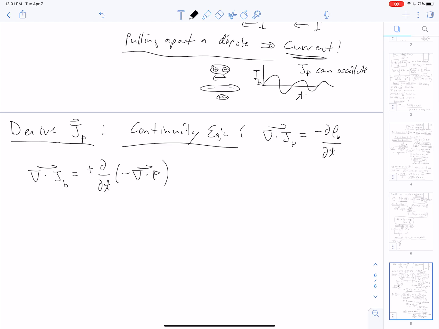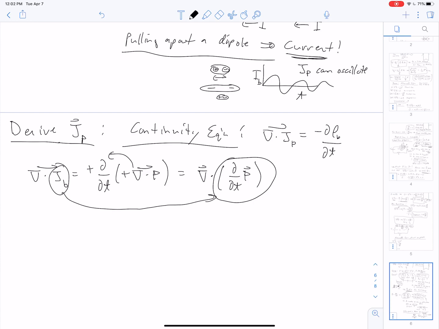Now these signs cancel, and then I can bring the gradient out, so that's equal to del dot dP/dt. So I see that I have del dot J_P is equal to del dot dP/dt, and so that means that these things have to be equal.